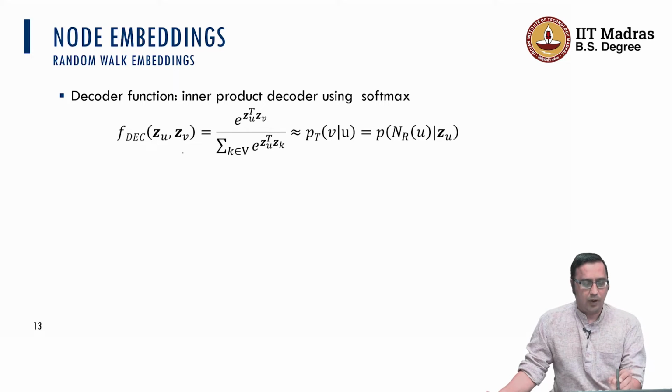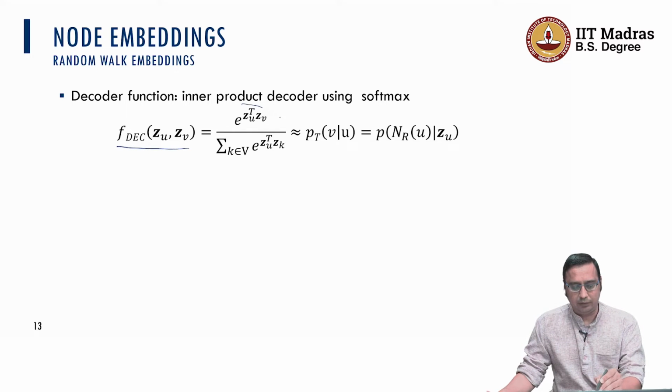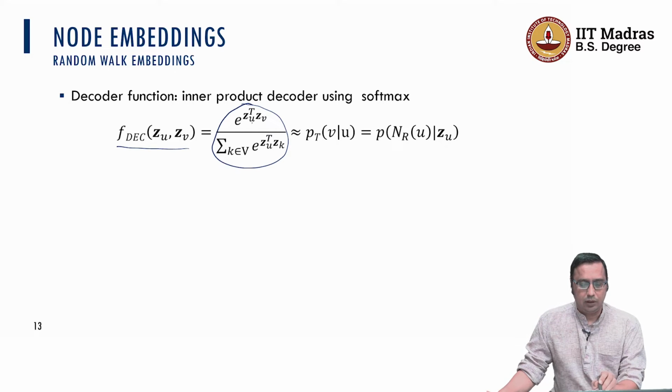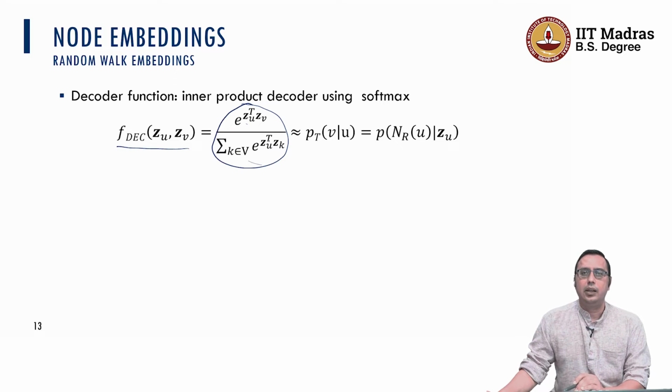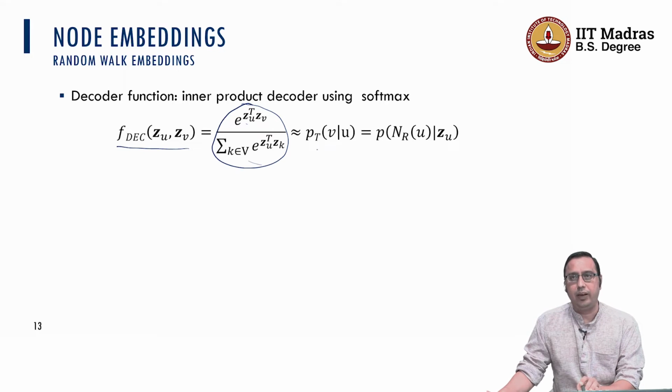Here we are defining the decoding function as a softmax function, where the numerator provides us e raised to the inner product of the two nodes u and v for which we are creating the embedding, divided by the summation over e raised to the inner product of u with all the nodes in V. And this particular quantity is nothing but the probability of v in the neighborhood of u.